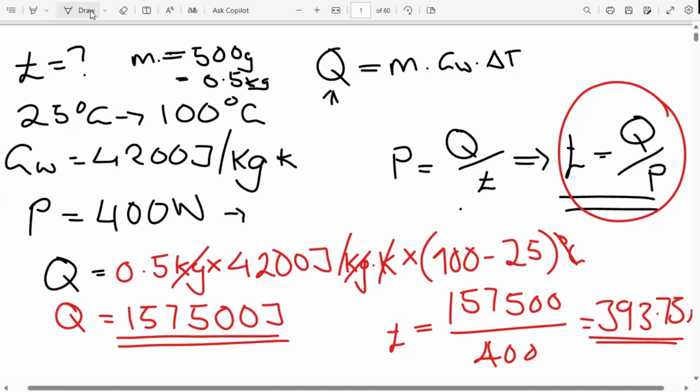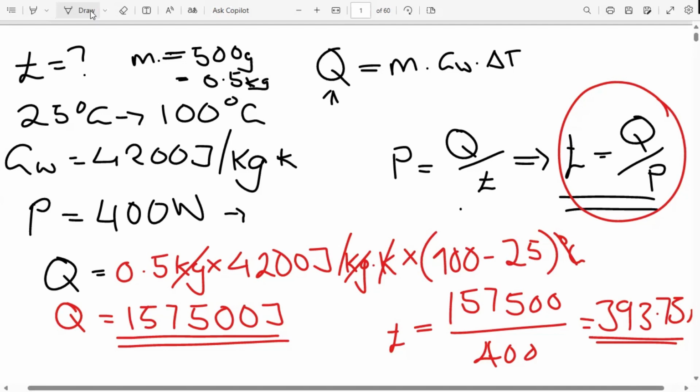I didn't mention any latent heat here, which means there is no heat absorbed to change the state of this water from one state to another. So we have to assume that the state of this substance, which in this case is the water, remains the same. And you should also assume that the heating is taking place uniformly. So those are some of the assumptions that you can include in your assignment.